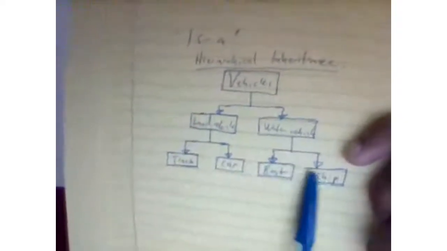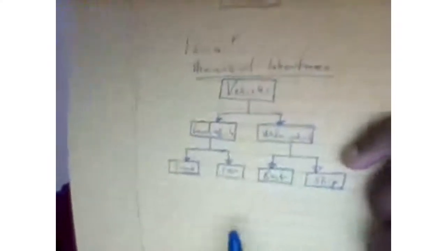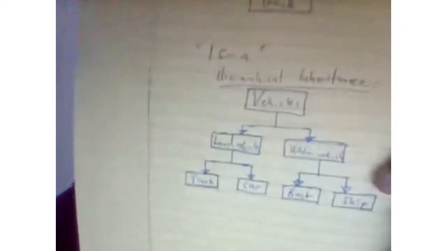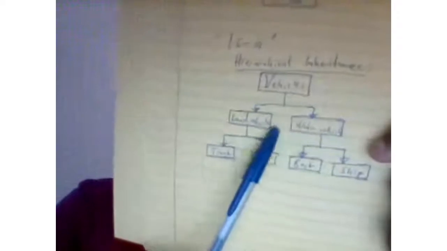So this is called hierarchical inheritance. Hierarchical inheritance is where we have one parent, and then there are different child classes that branch out as in a tree. So they are related in that manner.